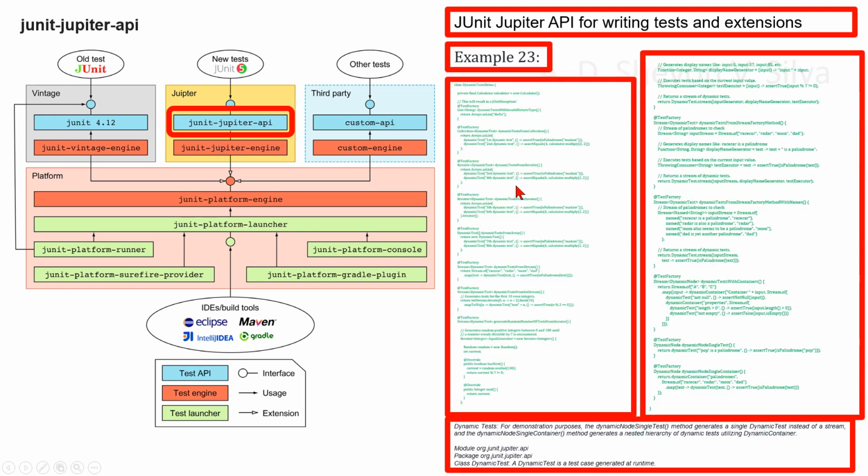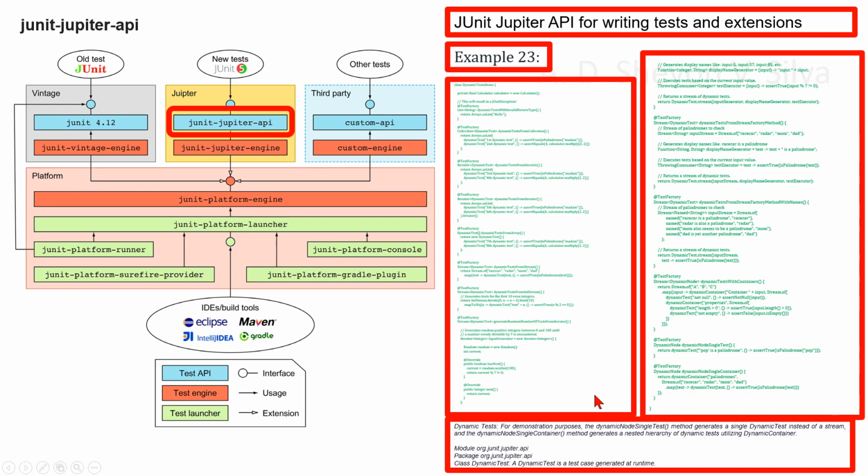Now we are considering dynamic tests. For demonstration purposes, the dynamicNodeSingleTest method generates a single dynamic test instead of a stream, and the dynamicNodeSingleContainer method generates a nested hierarchy of dynamic tests utilizing DynamicContainer.